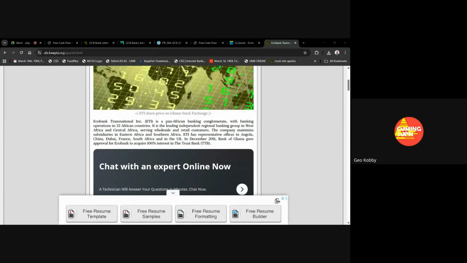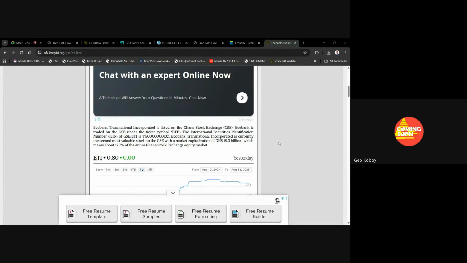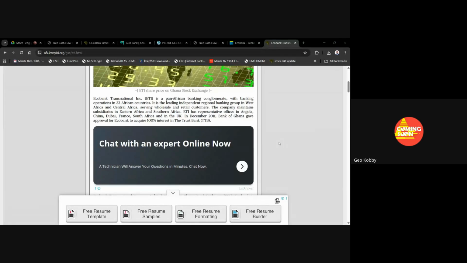Okay. But I was thinking that since EcoBank is a subset or child of ETI, some of their returns might go to ETI so that their sheets will be profitable. So you can say that because ETI is the broader institution, putting only EcoBank Ghana may not be enough to enhance the profitability of the whole ETI.